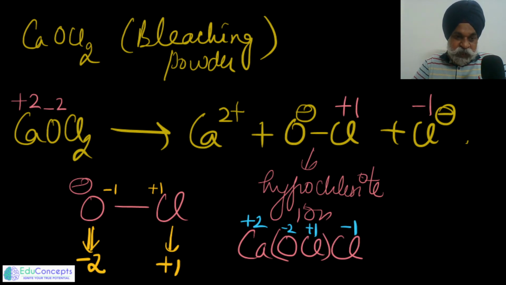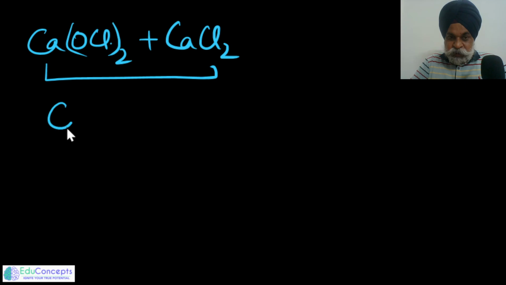And always do remember, bleaching powder is actually an equimolar mixture of calcium hypochlorite and calcium chloride. What we are writing here is an equimolar mixture of these two.